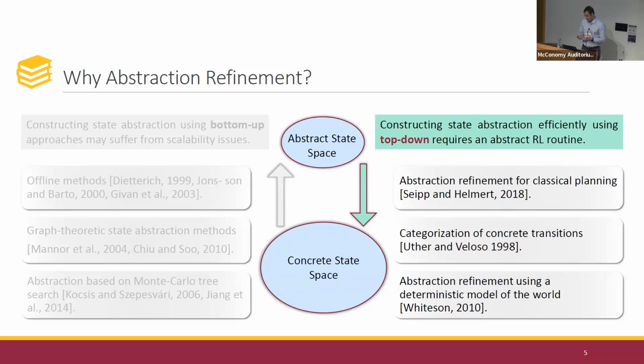Although the idea of top-down abstraction has been studied in the literature, no existing work has tried to synthesize abstraction refinements with a purely abstract RL routine, independent from working with concrete samples. And that is the motivation of our work.